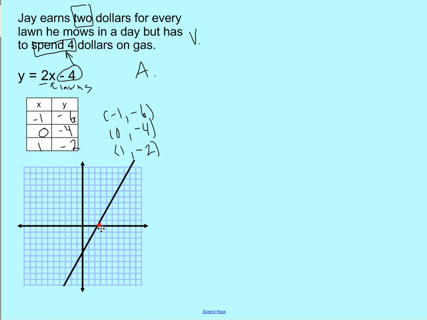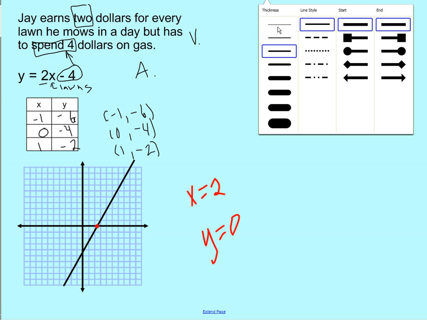All right, so if I look at this red dot, right about there, I can see that my graph crosses the x-axis right about at x equals 2. When x equals 2, y is going to equal 0. What does that actually mean to me, though? Why does that matter?